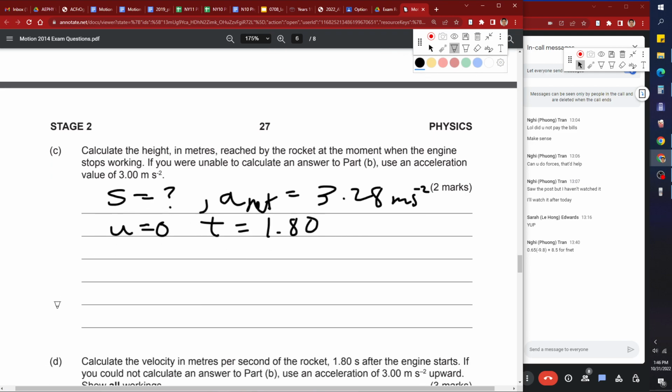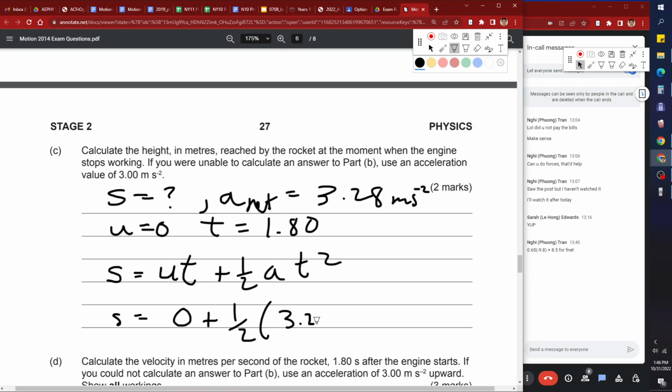Now knowing that, I'm choosing my equation, and the formula data sheet tells me that this is the most appropriate equation for the situation. Because everything is upwards, and we don't have to worry about gravity because we already figured out the net acceleration, nothing has to be negative. So this is 0, and it's all just acceleration, and that is 3.28. And the time is 1.8 squared. Don't forget that square.